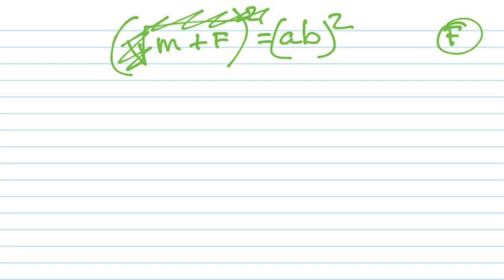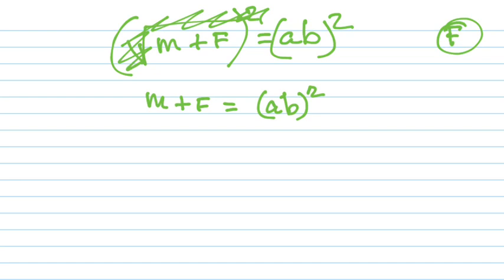So that leaves me M plus F equals AB squared. I don't see any reason to multiply that out to A squared B squared, because all we're trying to do is get the F by itself. They don't say anything else about simplifying, so let's just leave it. But is my F by itself yet?